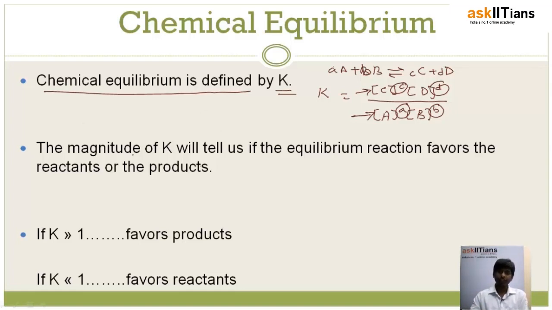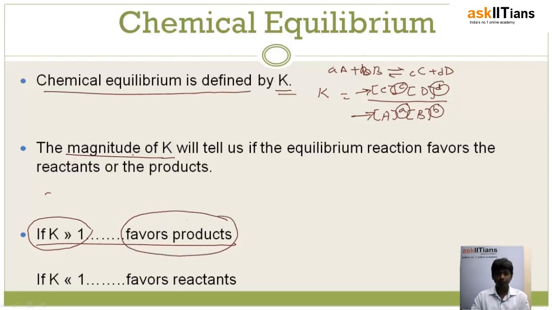Okay, now can anything be noted about the magnitude of K? Yes, it can be. For example, if you look at this statement which I have underlined, if K is much larger than unity, it is favoring the product. Now how to arrive at that?